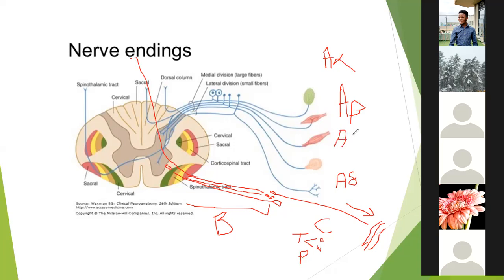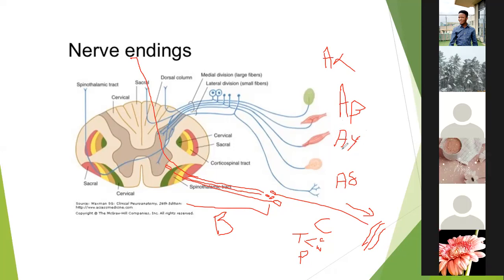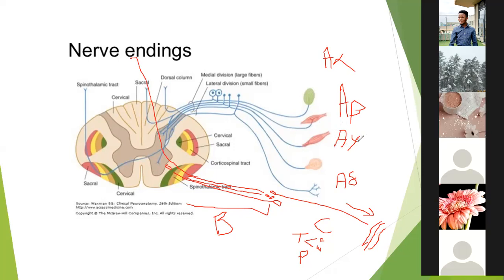Who can remind me? Gamma. Where do you find them? Inside the muscle fiber. Where specifically? In the muscle spindle.